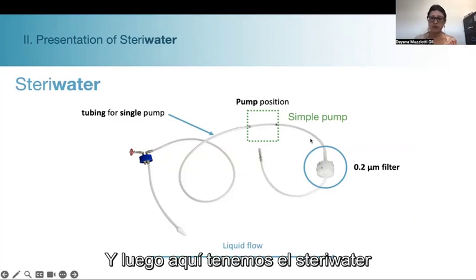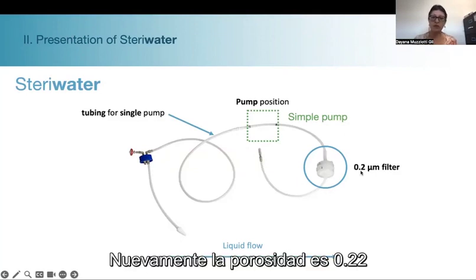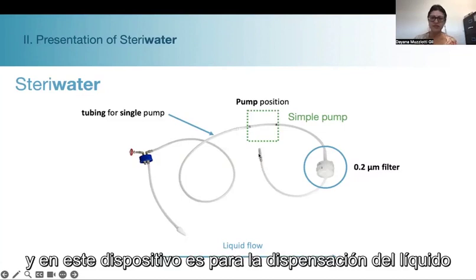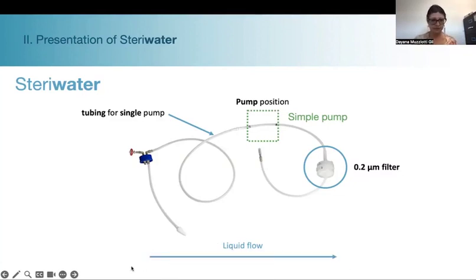And then right here, we have the filter. Again, the porosity of the filter is 0.22 micrometers. And this section is for the dispensing of the liquid. The liquid flows from your left to your right.